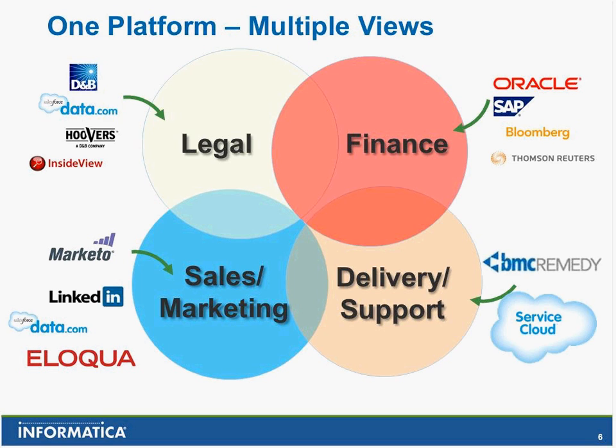And last but not least, your delivery and support will be tapping into databases or information from applications like Remedy or Service Cloud. And they'll want to visualize where a product is located or where they need to service that customer in particular. So each one of these business units will have a different view and a different way of tracking information on the customer.